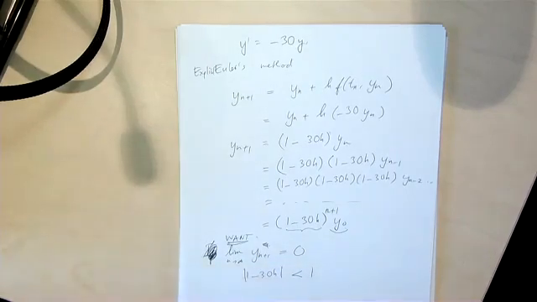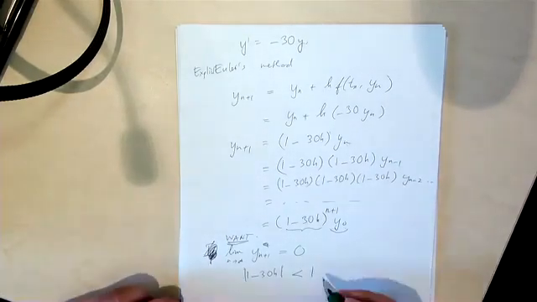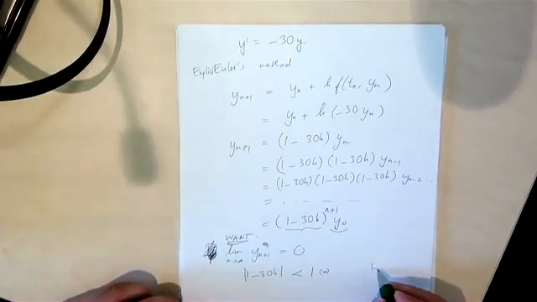Otherwise, when you raise it to the power n, it blows up. So we solve this inequality. It just means that 1 minus 30h is between minus 1 and plus 1.